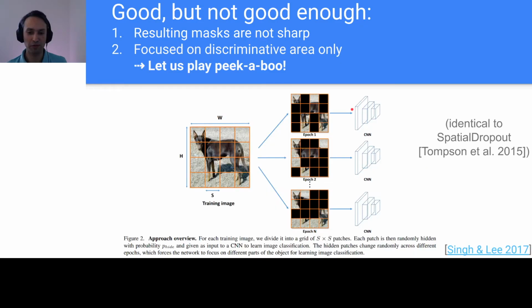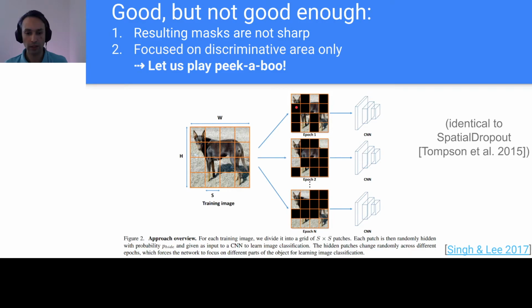This is identical to the spatial dropout idea, but presented in the context of weakly supervised learning, where you just say, well, I'm going to train my classifier, but instead of just providing the image, I'm going to also drop out part of the image. And this forces the classifier to be aware of the different areas of the object that are discriminative. Not just the main one, but also every other part, because once in a while, for instance, the heads usually are discriminative, once in a while, the head will be occluded.